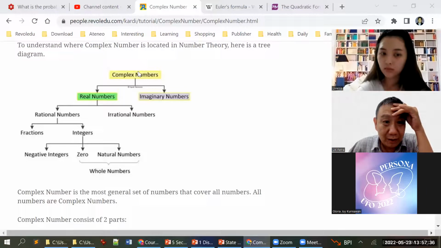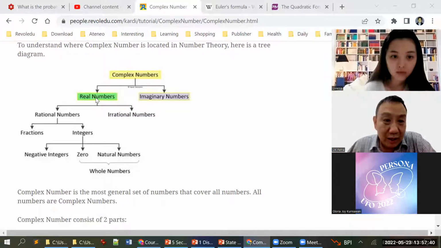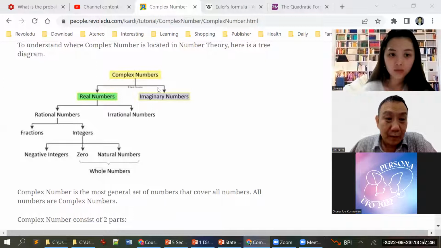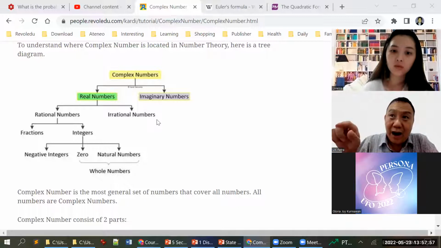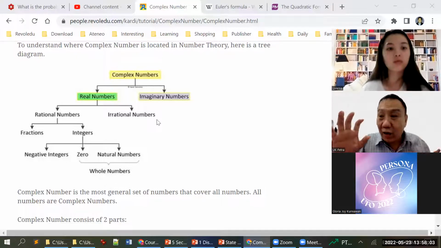A complex number is the generalization of both real number and imaginary number. The i there is called imaginary number, and real number consists of two kinds, rational and irrational. You know pi, 2 pi r is the circumference of a circle, or pi r squared is the area of a circle.